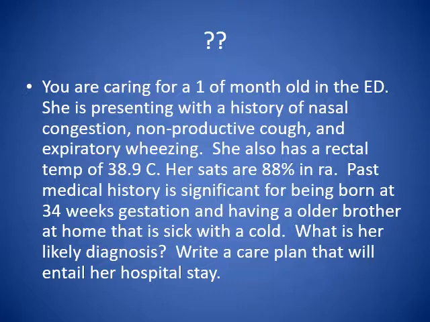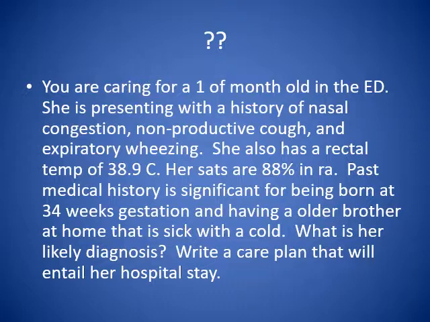We need to get her admitted to the hospital, put her on oxygen, suction her nasal passages first, keep her on a monitor, increase fluid intake by IV, manage her fever, and let it run its course. She will not be able to go home until she's off oxygen and able to tolerate all nutrition by mouth.